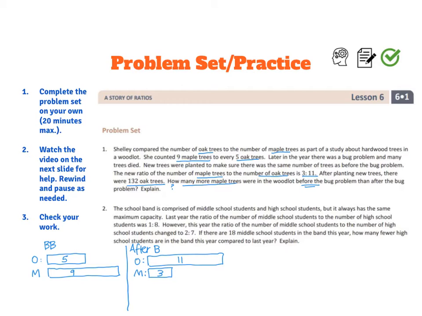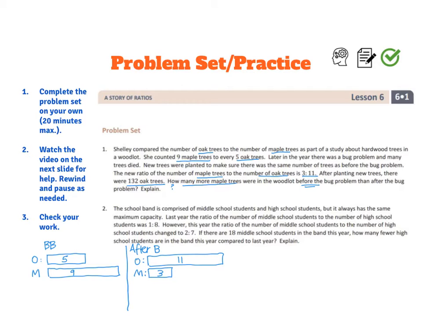So my tape diagrams are equivalent to the data they gave me.